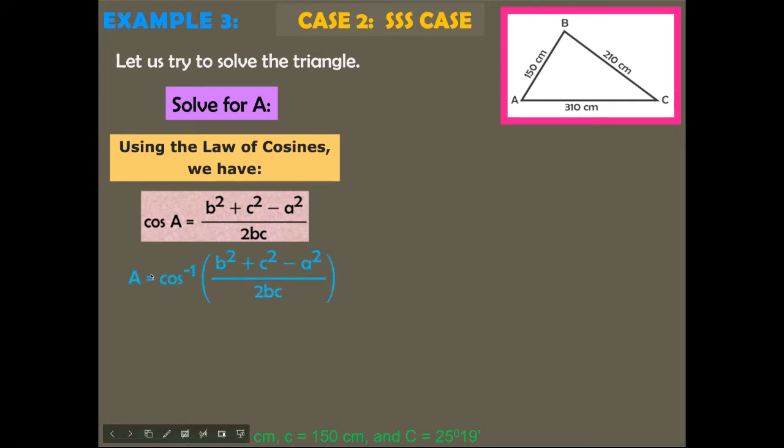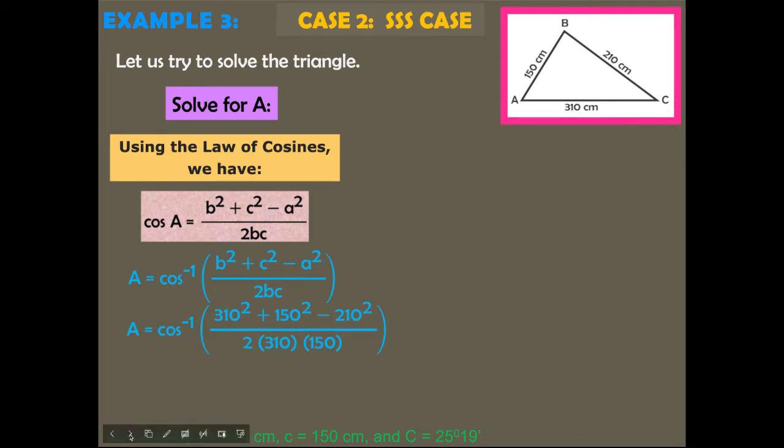So angle A will therefore be equal to cosine inverse of b squared plus c squared minus a squared all over 2bc. By substitution, just replace side B by 310, side C by 150, and side A by 210.